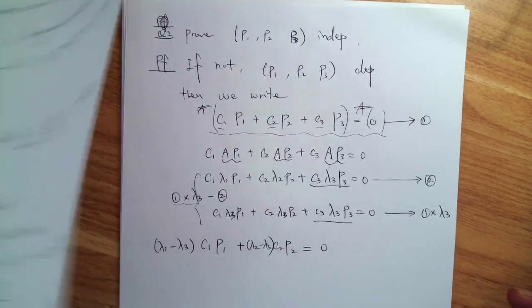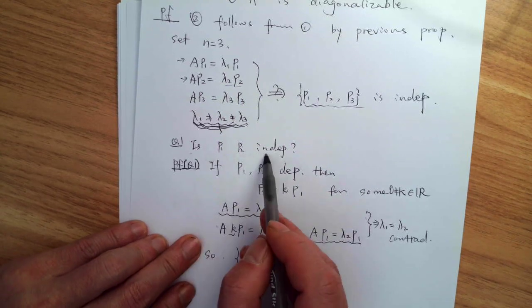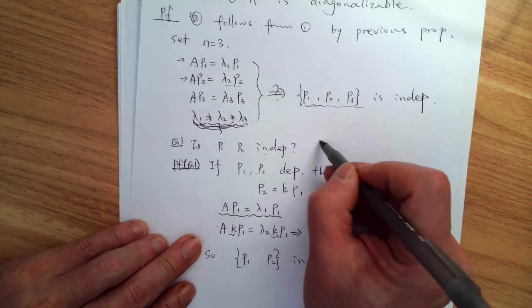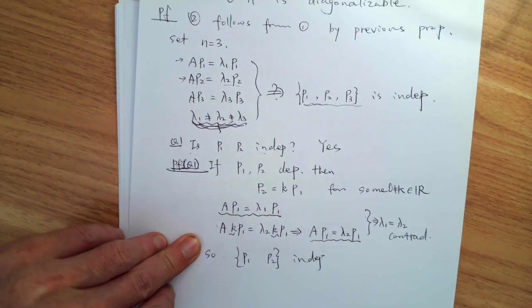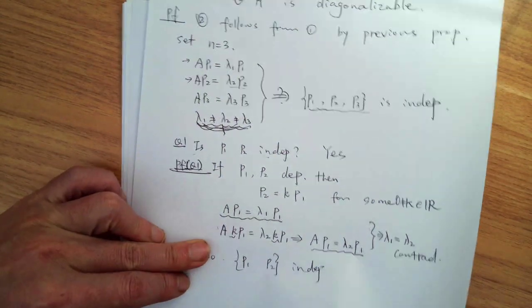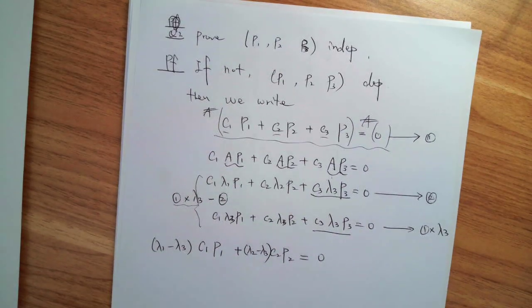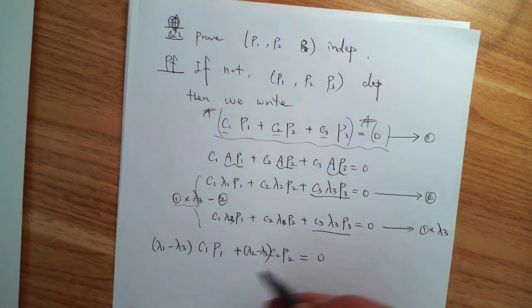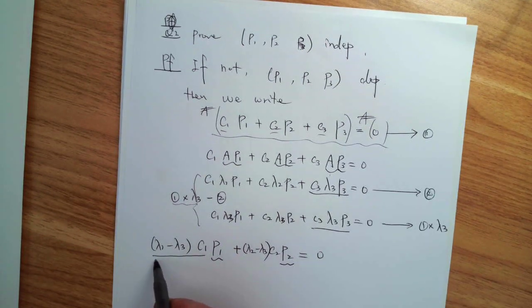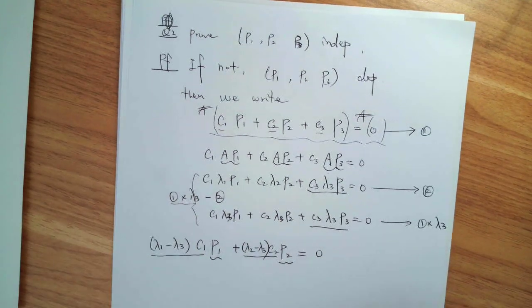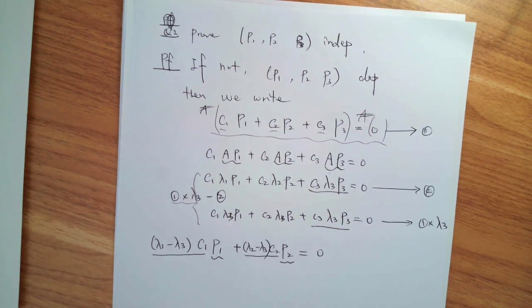But from the previous argument, are P1, P2 independent? The answer is yes, right? We proved that here. P1, P2 should be independent. It means those weights in front of them must be 0.